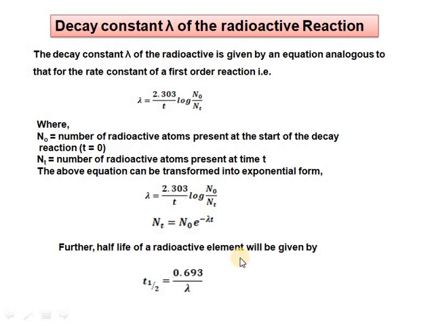Further, the half-life of a radioactive element is given as T half is equal to 0.693 upon lambda, accordingly to the first order rate equation we have seen in the last slide. So the decay constant for the first order radioactive reaction is lambda equal to 2.303 upon T log to the base 10 of N0 upon Nt.